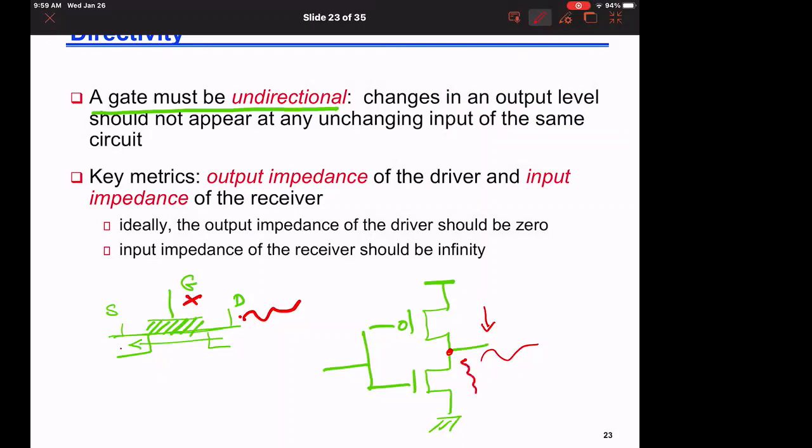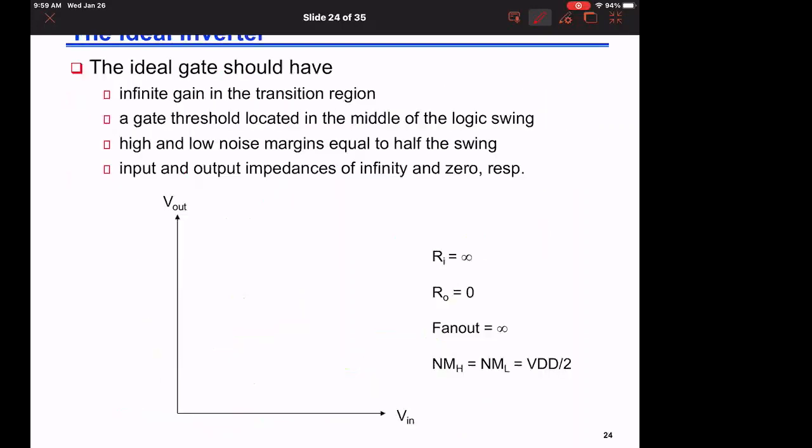So the noise that is flowing here will not affect this node. Therefore, in the inverter, if the noise pops in here, it does not travel backward. It will affect this node and it can propagate forward to the next stages. That's why we say we want our circuits to be unidirectional, to reduce the impact of the noise flying in different directions.